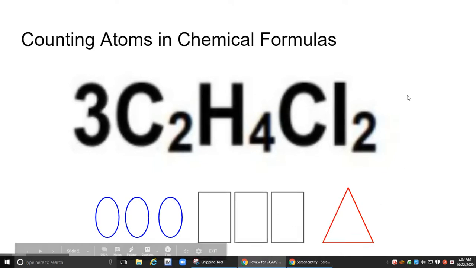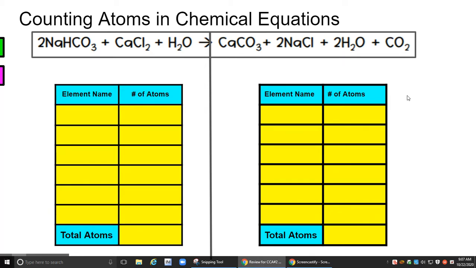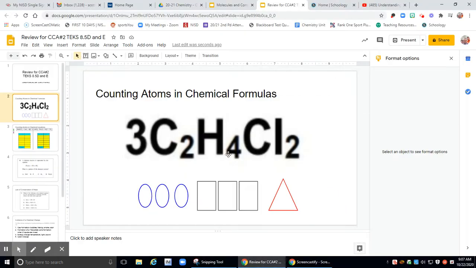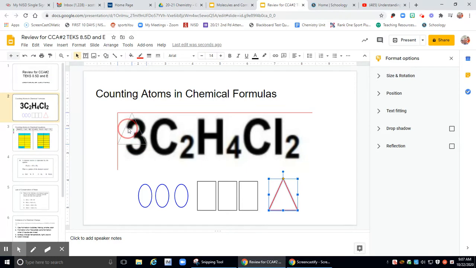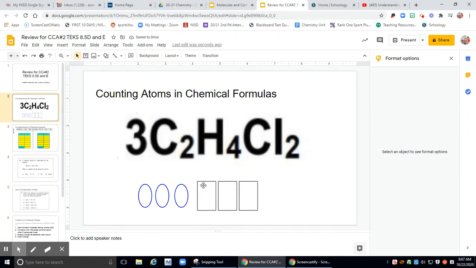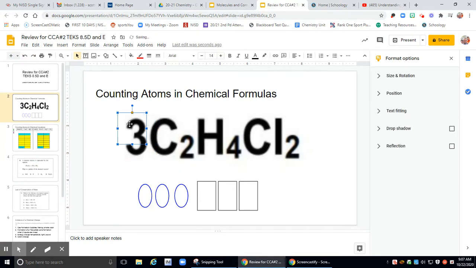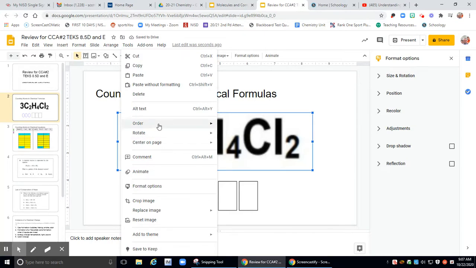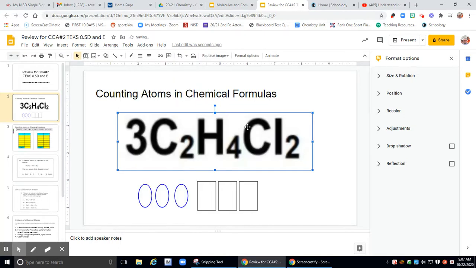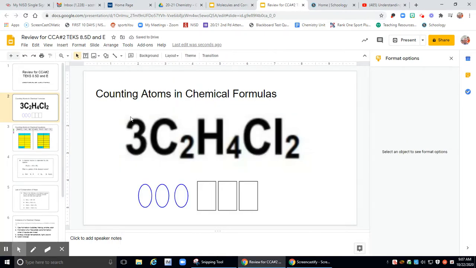So let me go ahead and go back. So this is a coefficient, right? This came straight from an assignment that you did earlier. So this is a coefficient, and we would mark that with this triangle right here. Anyway, this is a coefficient.